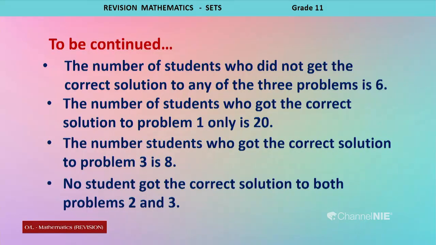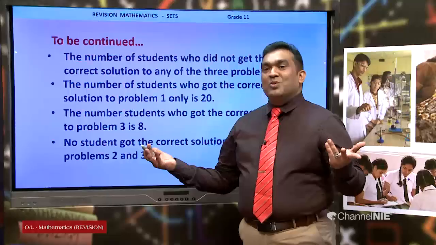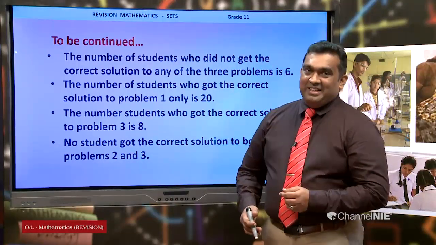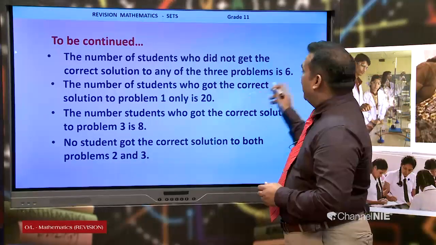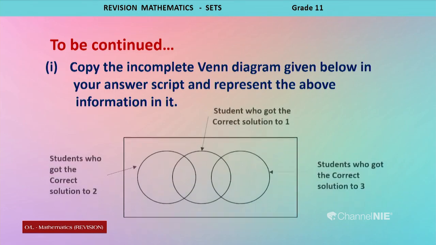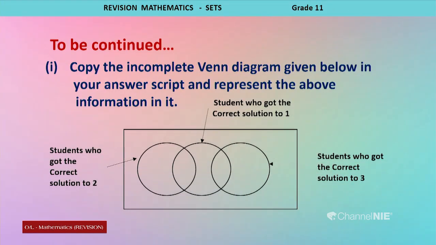No student means intersection is a null set, empty set, no elements, no intersection there, right? We will see it. Copy the incomplete Venn diagram given below in your answer script and represent the above information in it.